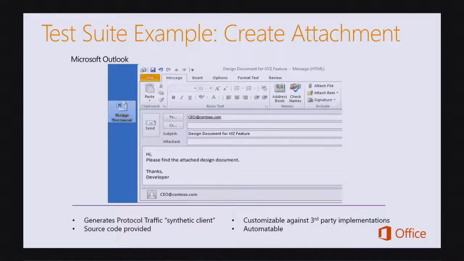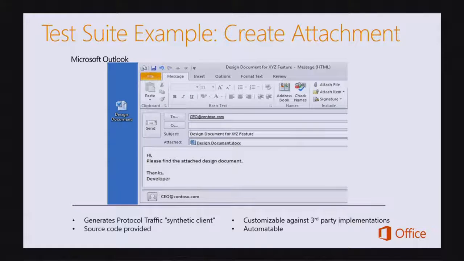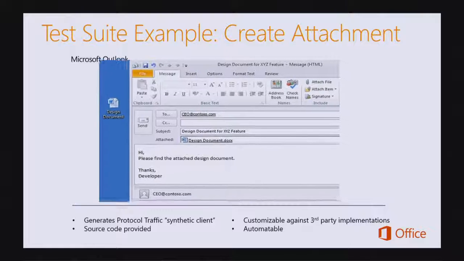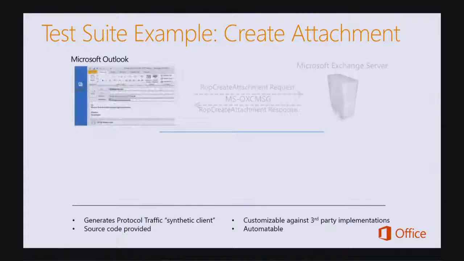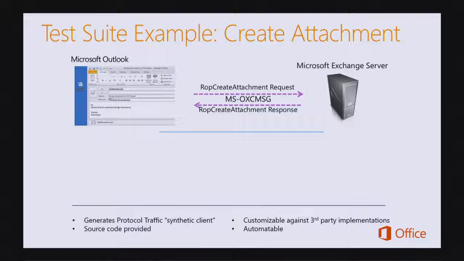The test suite again is based on the open specification. Here's an example of how it works. When you open Outlook and try to do an attachment, you open a new email, attach the document, and then send the email across to the server.